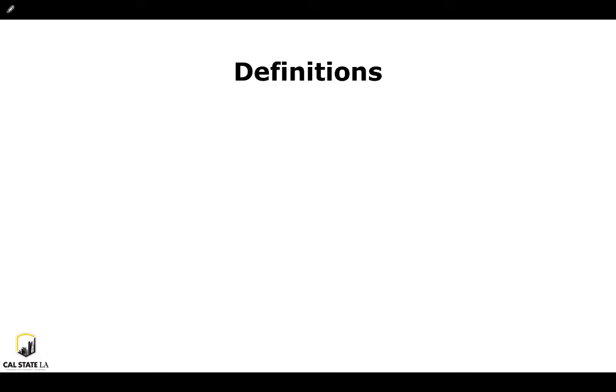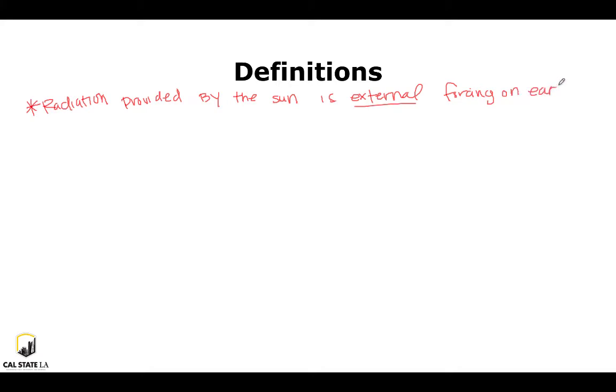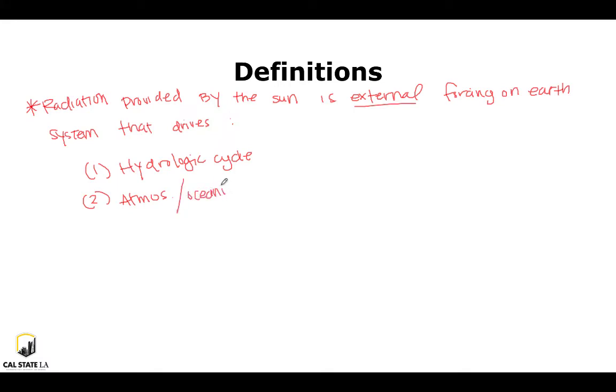So here we're going to start with radiation provided by the sun is external forcing on Earth system that drives 1, the hydrologic cycle, and 2, atmospheric and oceanic motions.